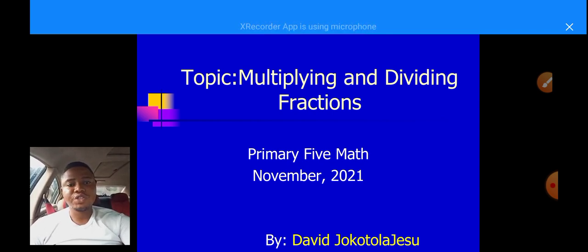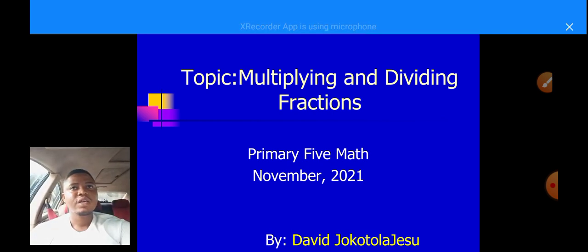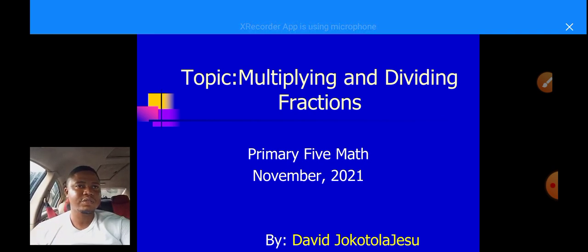We all know what a fraction is, and we had done addition and subtraction. Now we want to look into how to multiply and how to divide fractions. Please take note that they are not the same. How to solve addition and subtraction is different from multiplication and division.